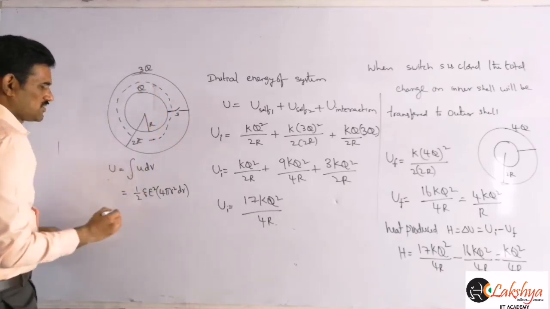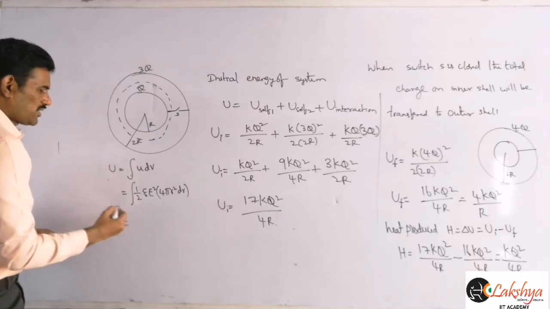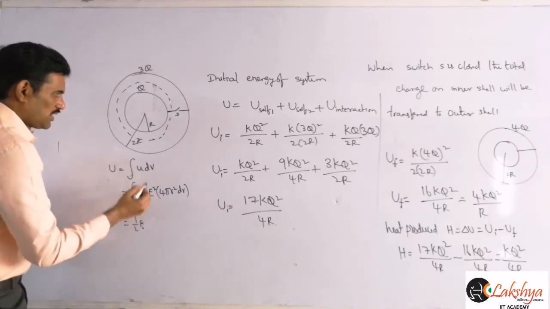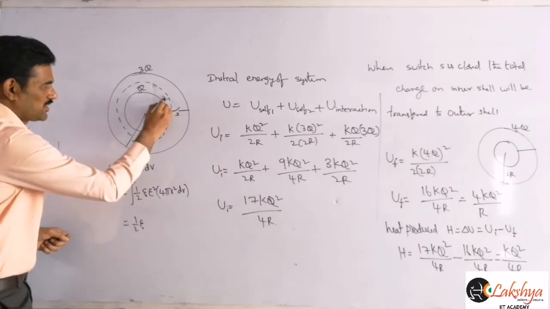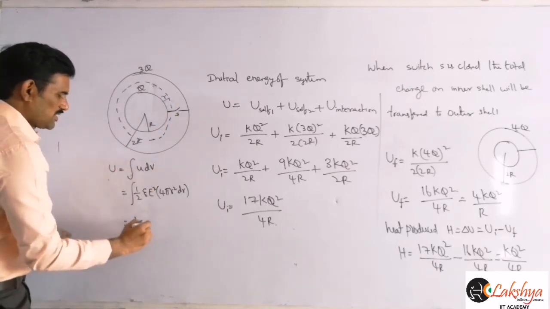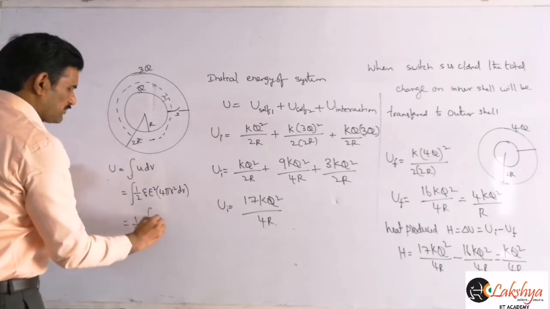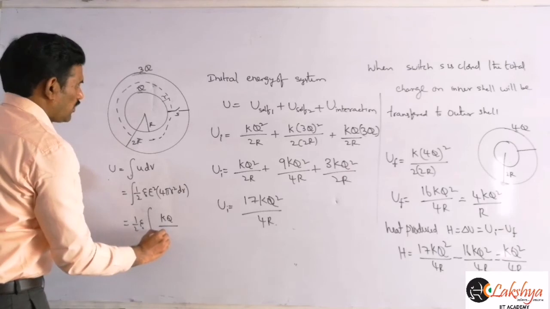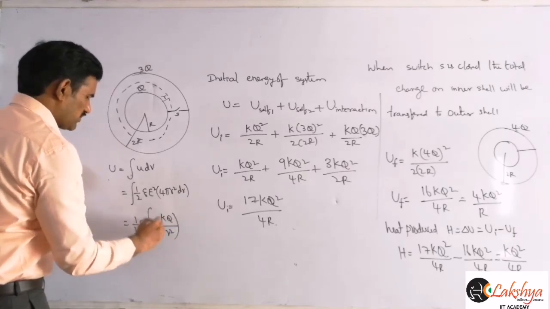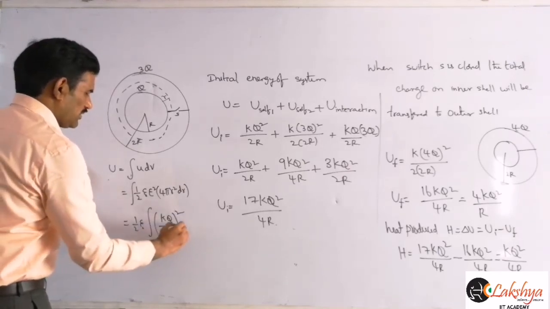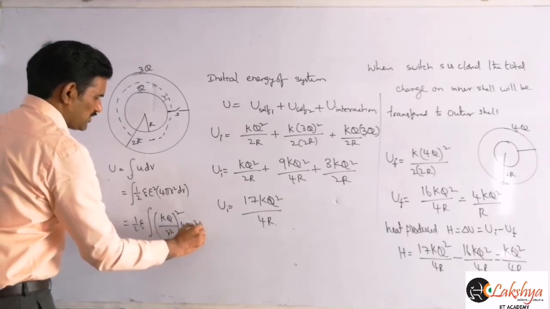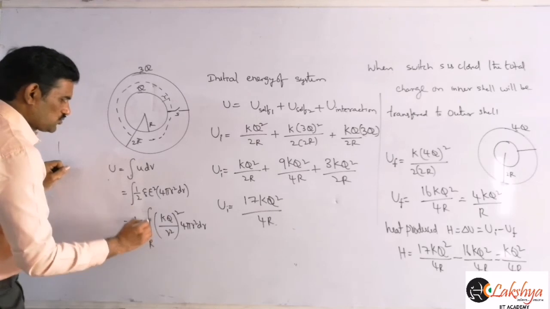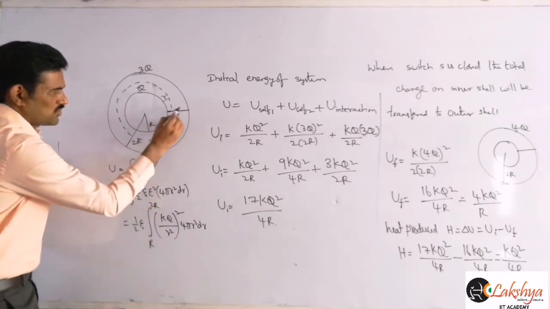Now if you are writing like this, half epsilon naught into E, which at a distance of say r is kq by r square, whole square, this is E square, into 4 pi r square dr, and this limit is from r to 2r, from here to here only.